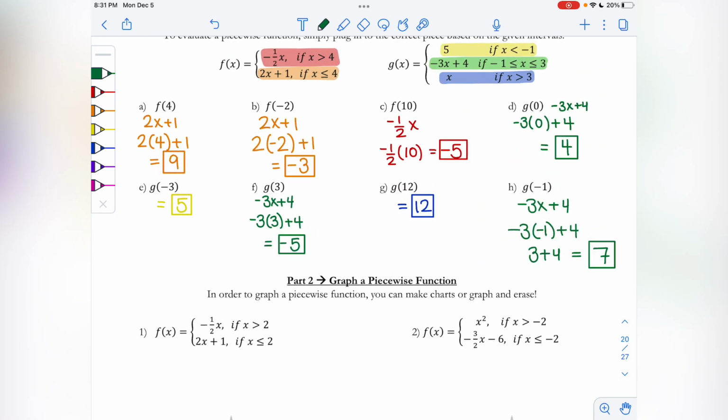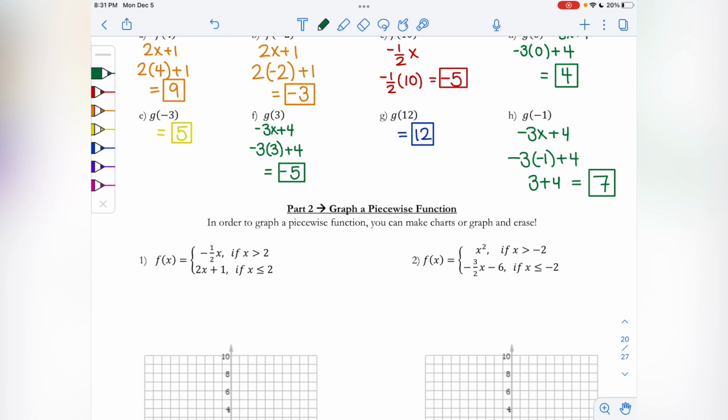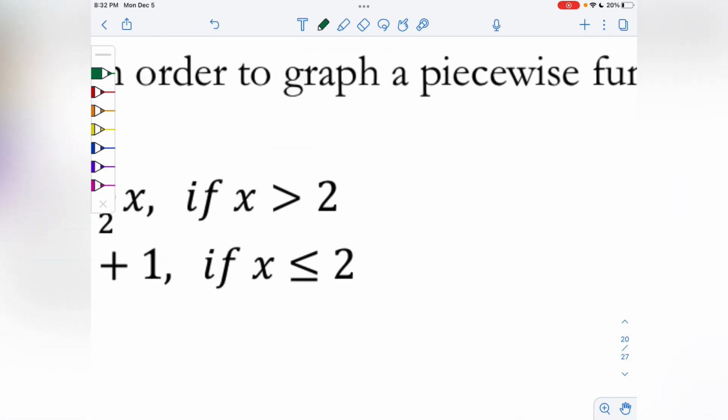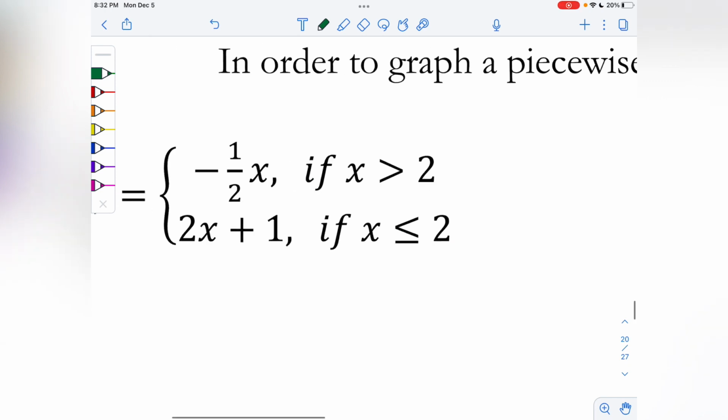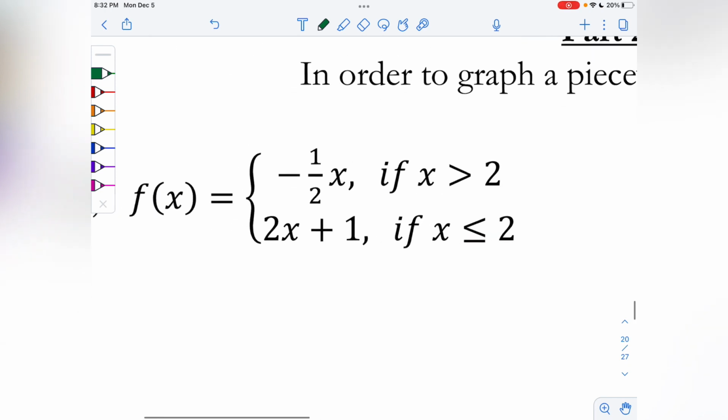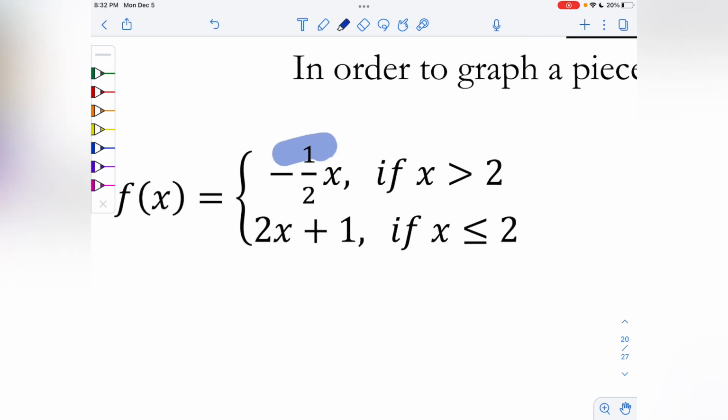We are going to move on to graphing. So there's several different ways to do this, but I actually prefer to make a chart only because sometimes I get confused with this part, like the x is greater than 2 or the x is less than 2. So even with this piecewise function, which should be pretty simple because it's 2 linear equations, I would personally still make a chart.